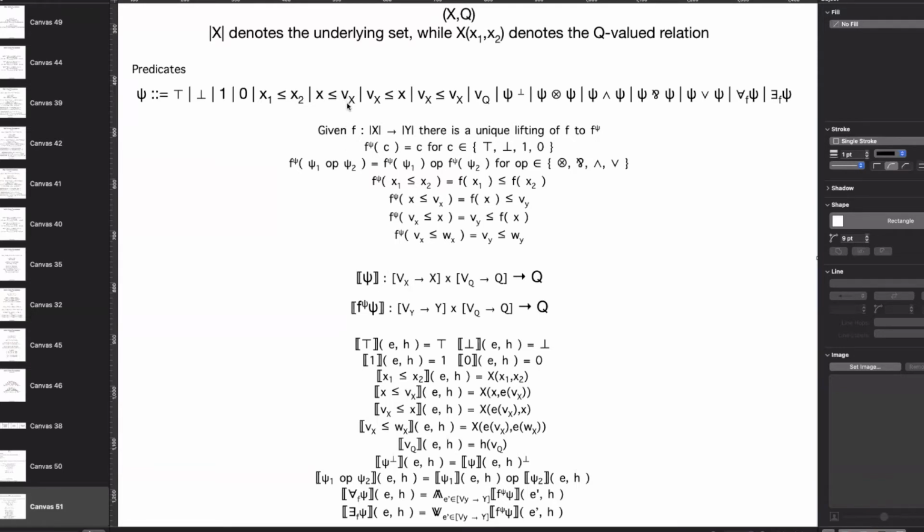So let's say it is bound to X prime. Then we know precisely what to do here. We're going to run the X relation on X, the given value here, and look up the variable V, but E says that V is bound to X prime. So now I have an X and an X prime, and I feed that into the X relation, and that's going to give me a Q value.